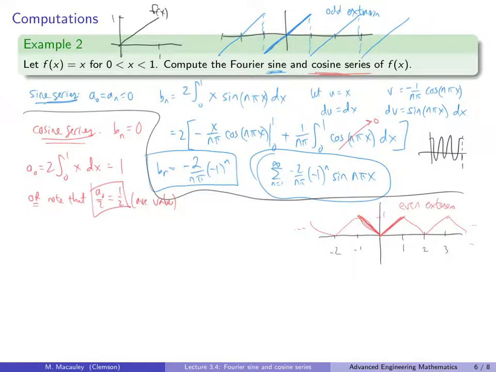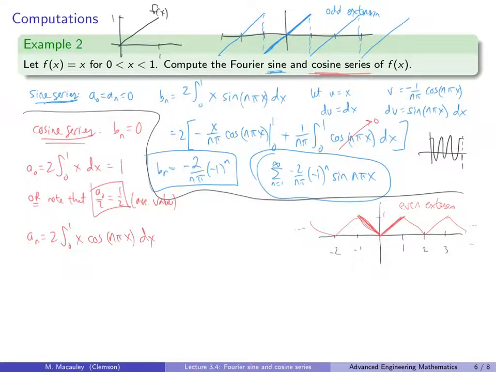Okay, now let's compute an. So an is 2 times the integral from 0 to 1 of the function, which is defined on 0 to 1 as x, so x cosine of n pi x over L, where L is 1, times dx. So this is also integration by parts.